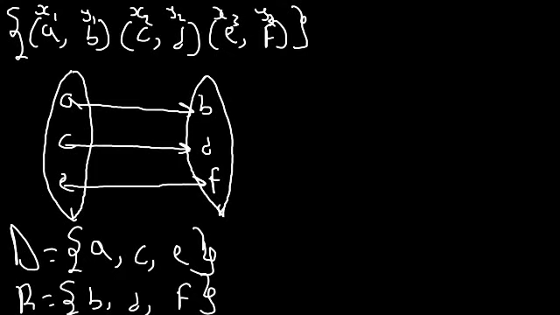By now, you should understand the basic idea behind relation. Now, let's move forward. We have types of relation. We have four different types of relation, which is what we're going to look into right now. The first one is known as reflexive, the second is known as symmetric, the third is known as transitive, and the last one is known as antisymmetric.